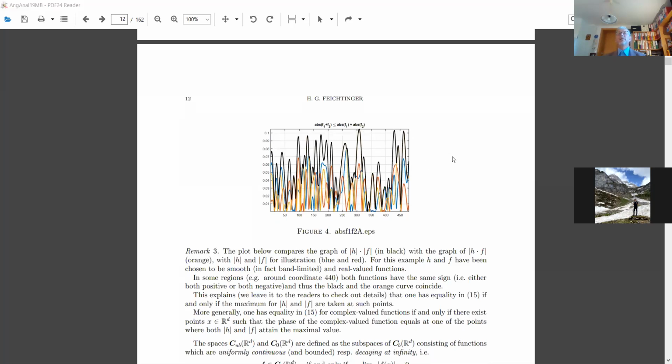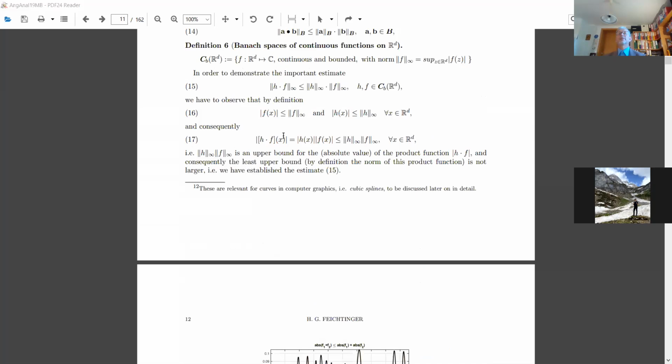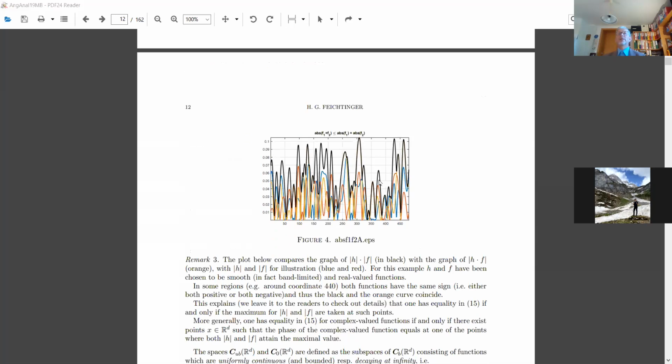So the norm satisfies the triangle inequality. That's the same argument here. So just put a plus instead of a multiplication. And so the illustration is unfortunately for addition. So again, the black curve is the sum of the absolute values. The blue curve is the absolute value of the sum.